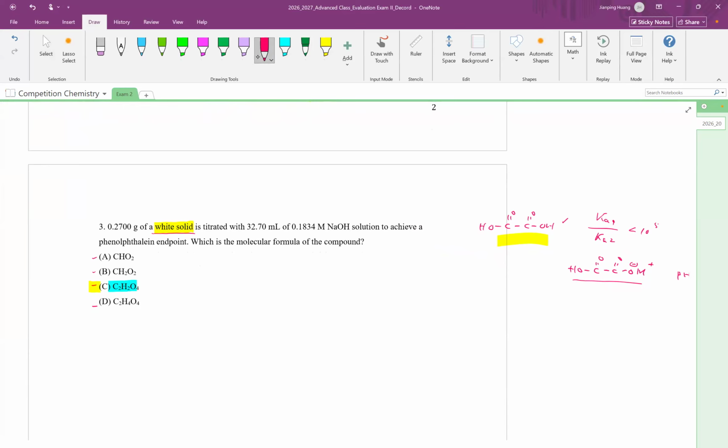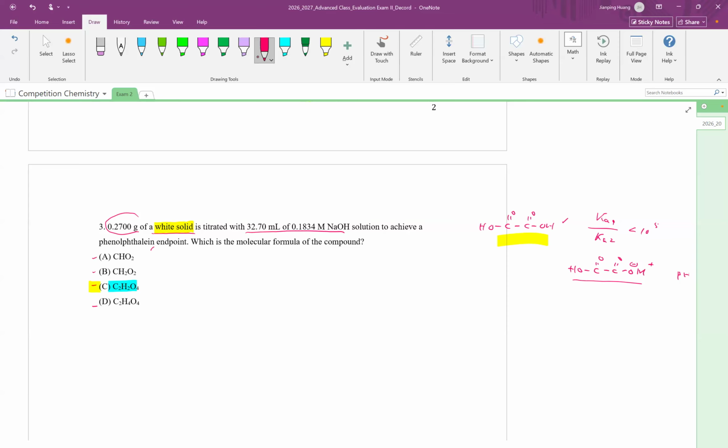What's the choice? So what do you have? You have a mass. You titrate with a stronger base. So the pH at the equivalence point will be greater than 7.